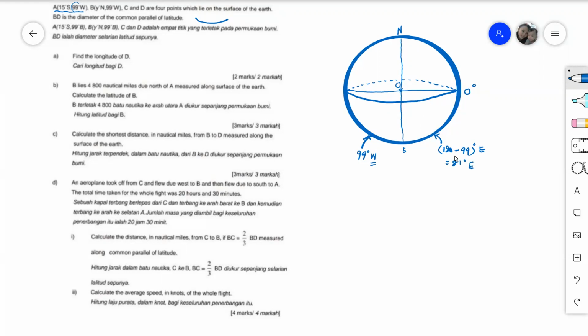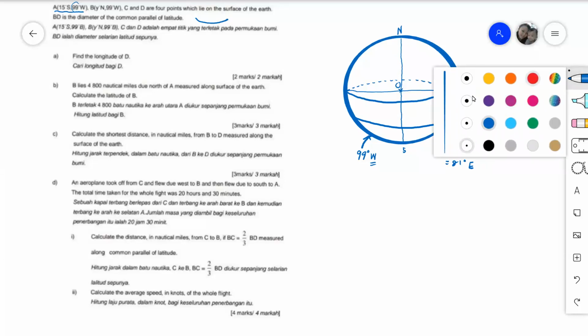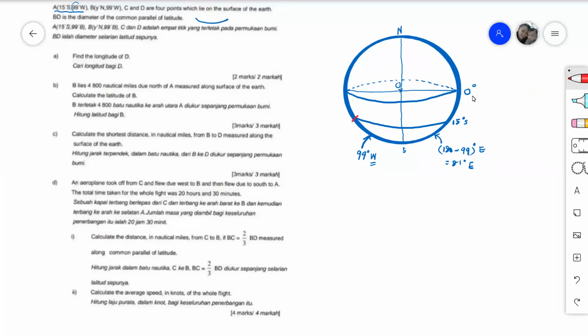And therefore, 15 south must be below our equator. So let's just draw the latitude here and mark it down at the side, 15 degrees south. And this one will be our A. So let's use this one, mark down. This is A. Okay, B is Y degree north and 99 degree west.